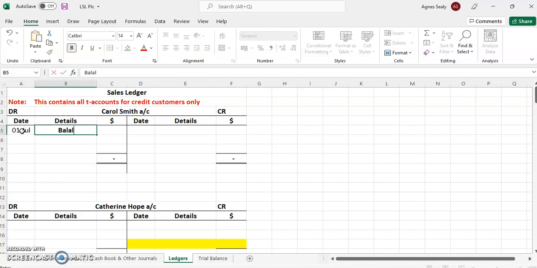Balance brought down, and the balance brought down for her is 475.